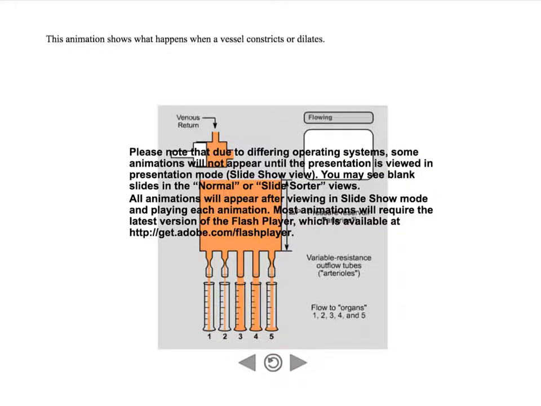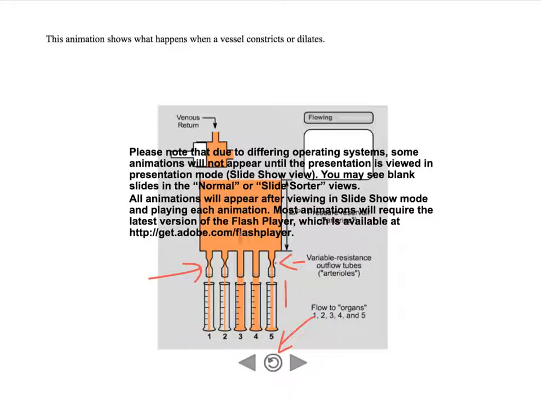Now this is an animation, and I don't think it's going to work on here, but when you guys view this PowerPoint, you're going to be able to click on this little arrow, and this just shows you if the precapillary sphincter is closed. If these are arterioles and they're constricted, the blood doesn't flow through them. I hope that makes sense.